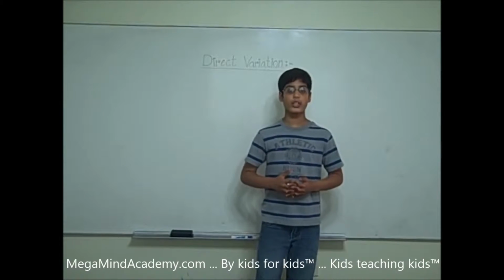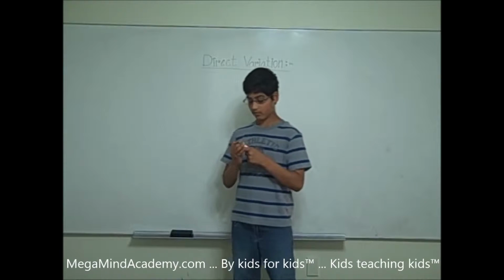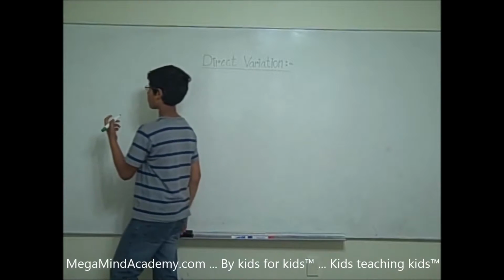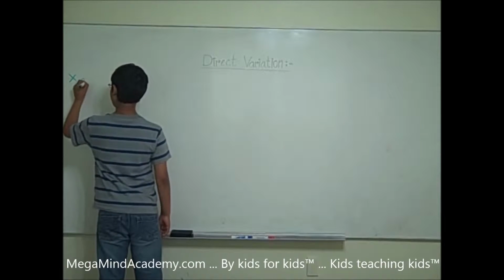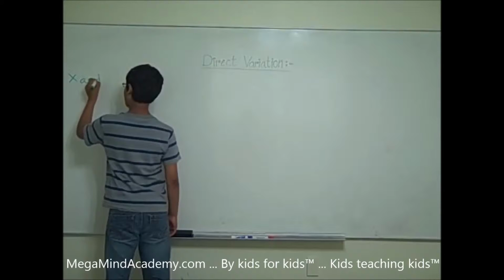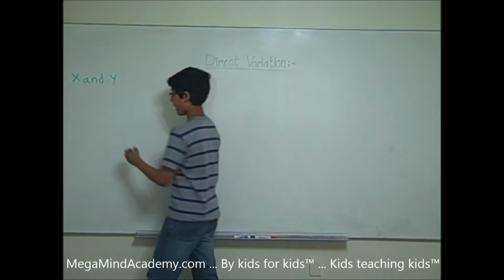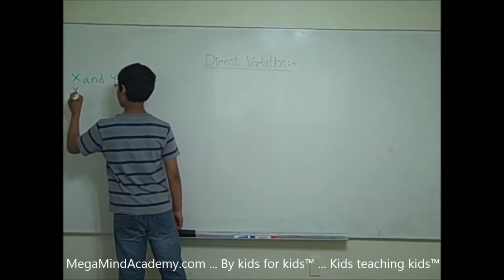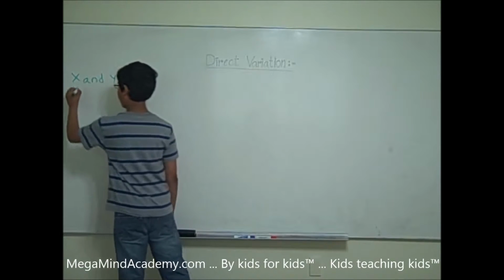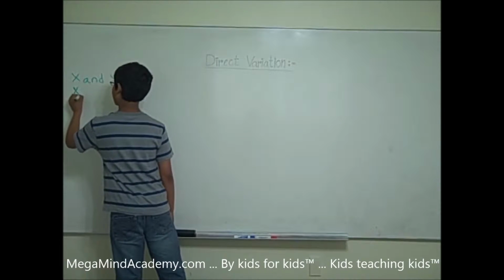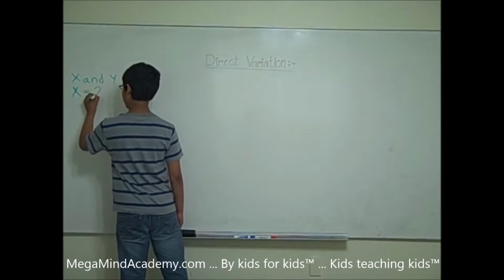Now, let's say we have two variables, X and Y. Let's say X is always twice as much as Y. So X is equal to 2Y.